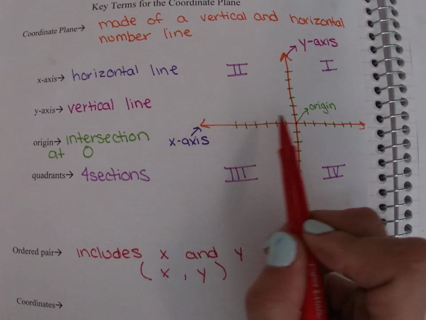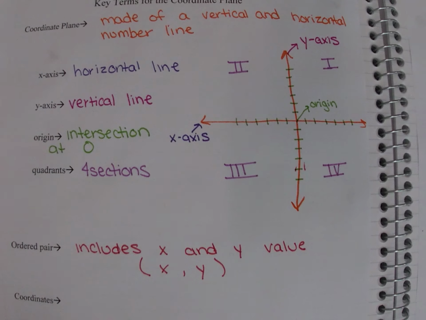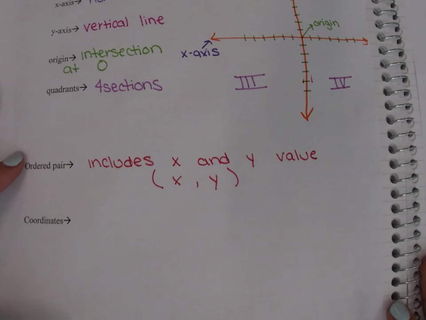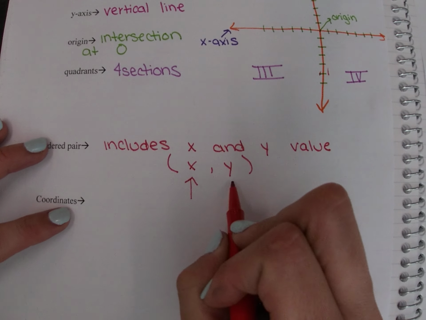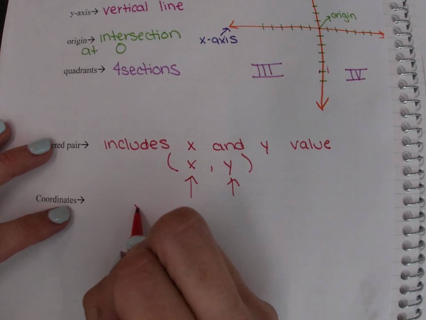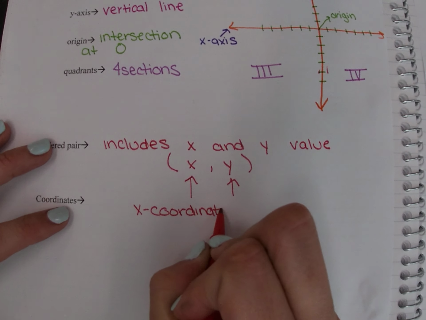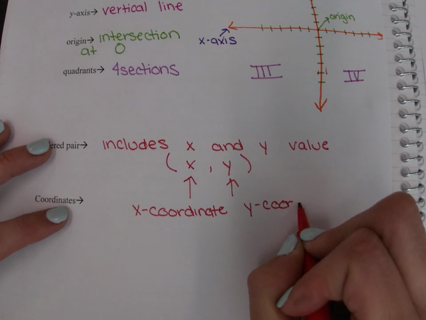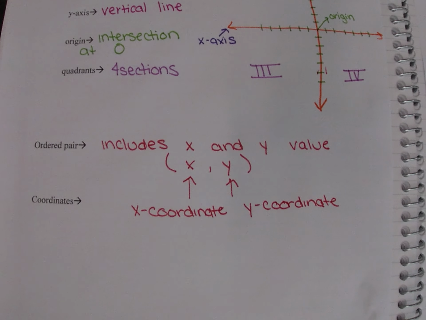Okay, which means if we're plotting this on our plane, we're always doing our X first, which is our horizontal, and our Y second, which is our vertical. Okay, this ordered pair consists of two coordinates. Okay, so each of these are individual coordinates. We have our X coordinate and our Y coordinate. But we need both of them together to make up that ordered pair.